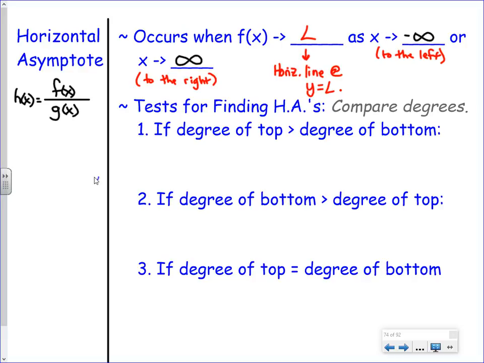If y equals 0, it's the x-axis. If y equals 2, it's the line at a height of 2, like you just saw.